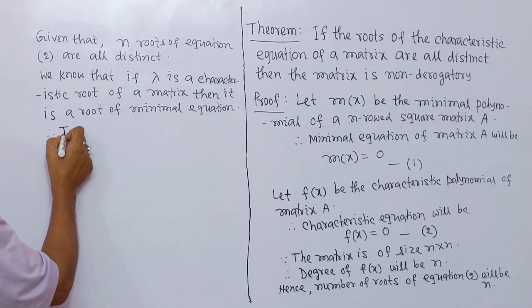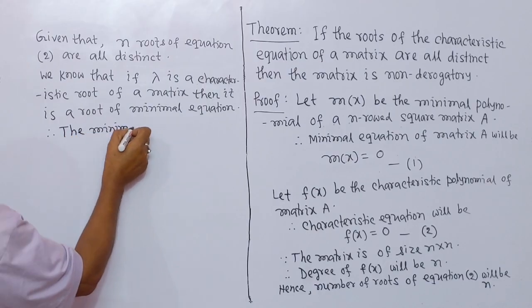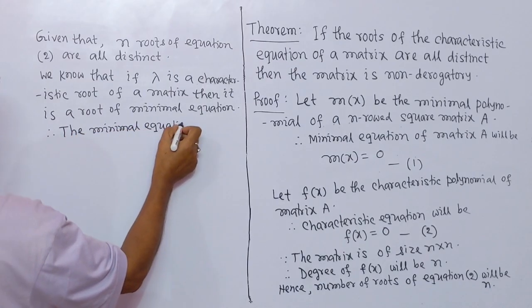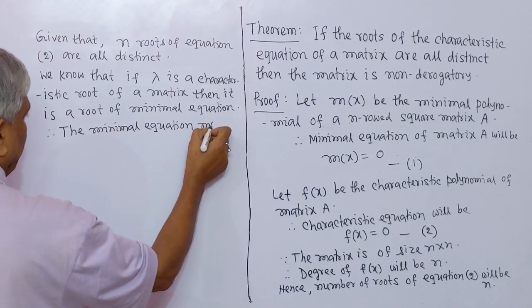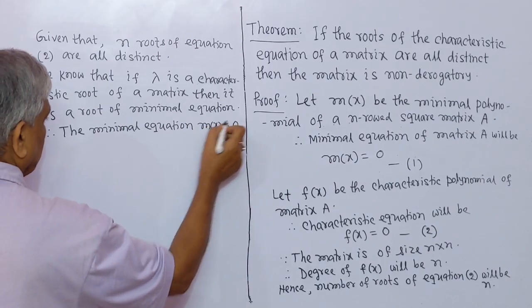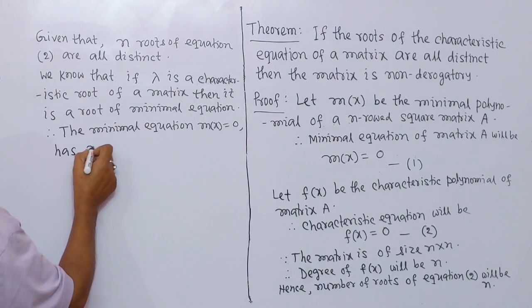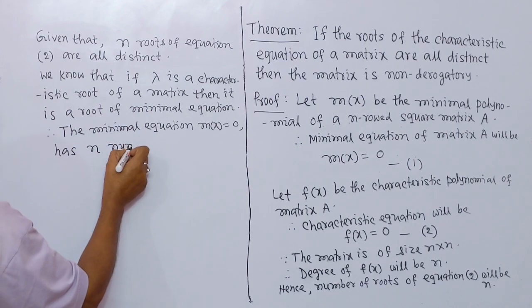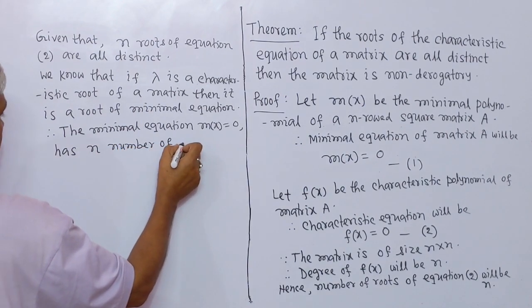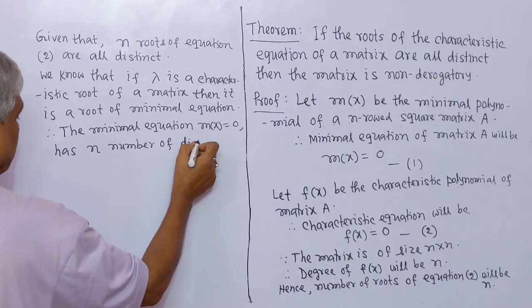Therefore, the minimal equation m(x) equal to 0 has n number of distinct roots.